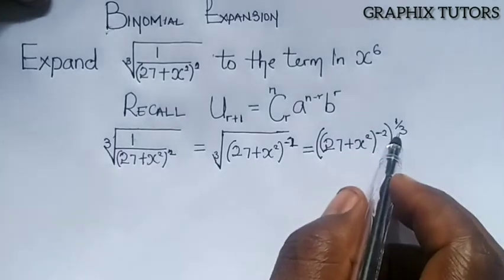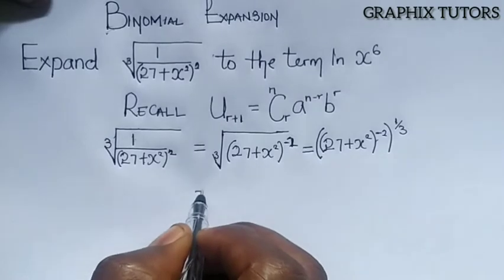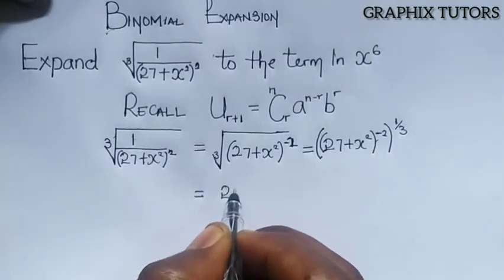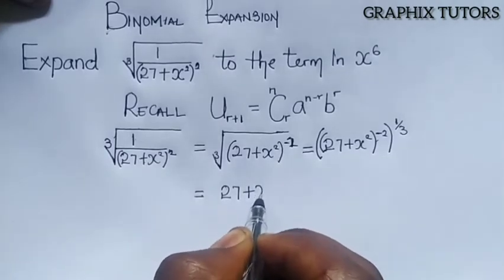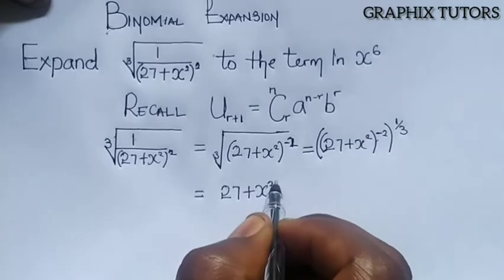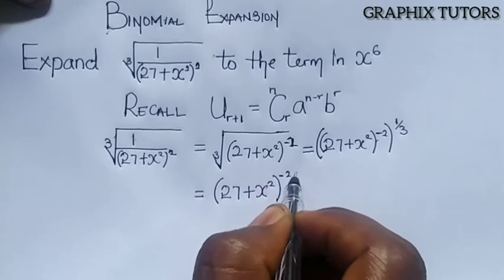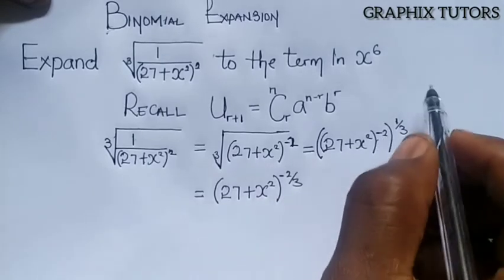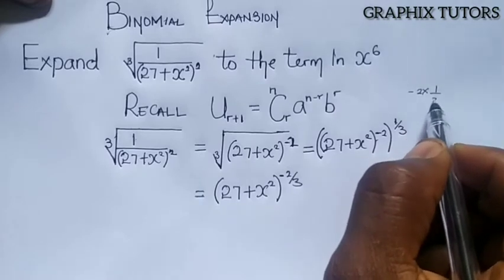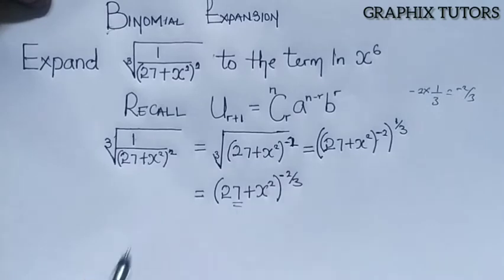Now also this can be written as (27 plus x squared) raised to the power of what? Minus 2 over 3. When you multiply minus 2 by 1 over 3, you are saying minus 2 all over 3. So this is what we want to expand.